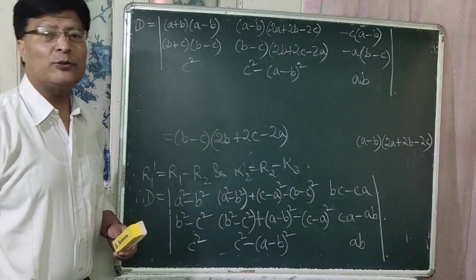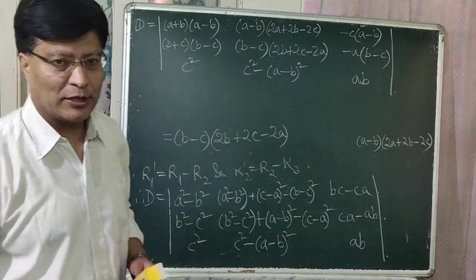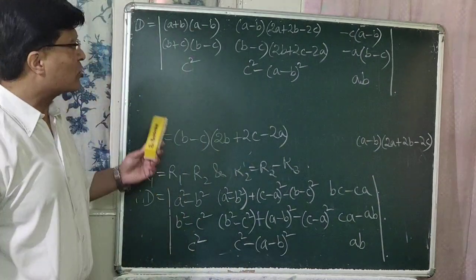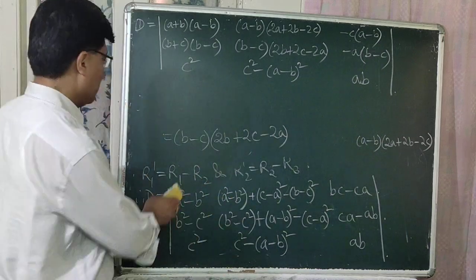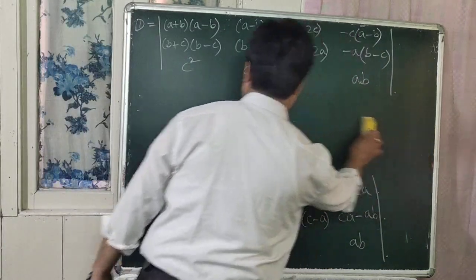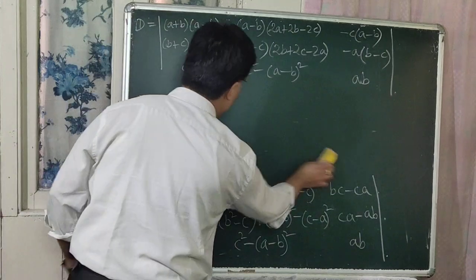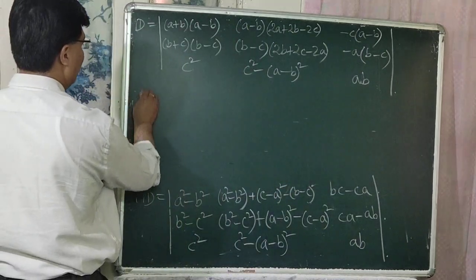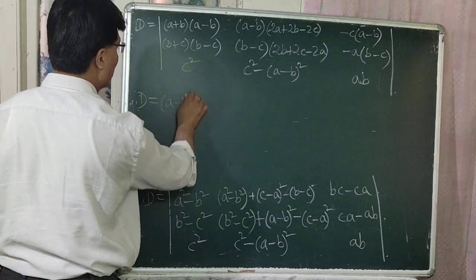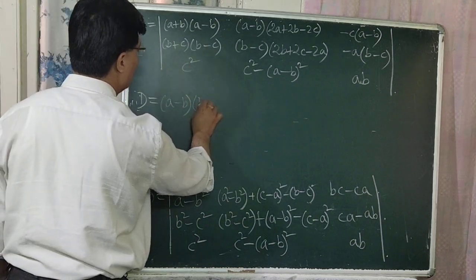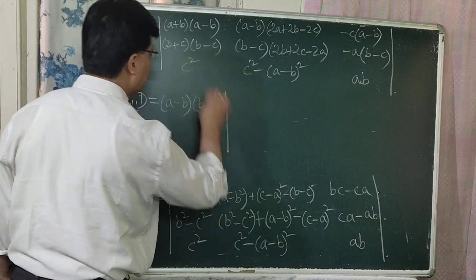So now what will you do in the next step? You have to take common. So there is common in the first row as well as in the second row, isn't it? So let us take common. Therefore D is equal to, what is common in the first row? A minus B. What is common in the second row? B minus C, right?